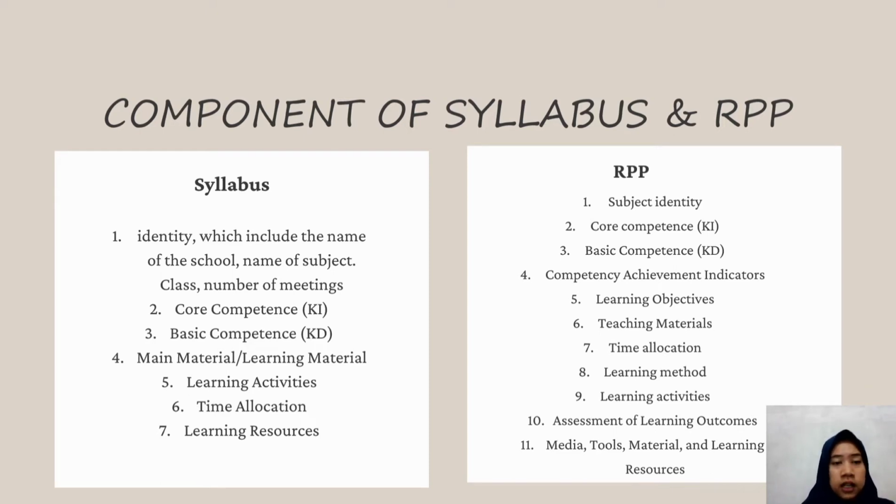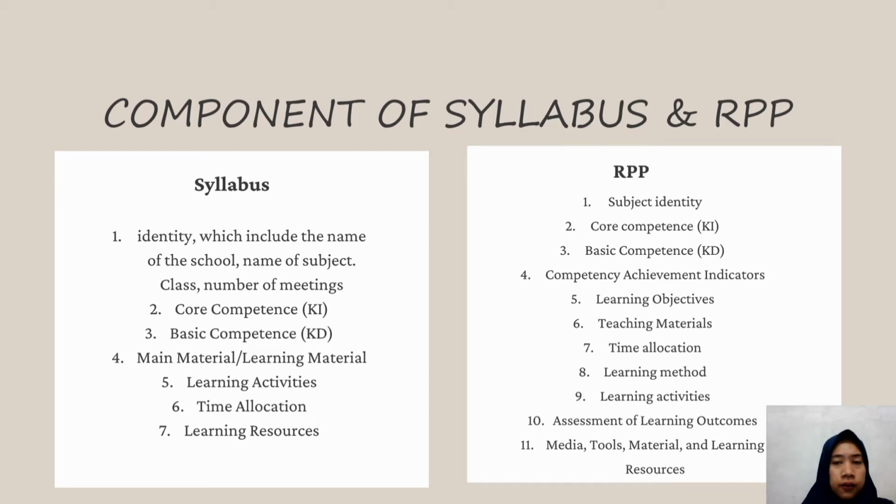These competency indicators are behaviors that can be measured or observed to show the achievement of certain basic competencies that become references for subject assessment. Number five, learning objectives. Learning objectives describe the process and learning outcomes that are expected to be achieved by students in accordance with basic competencies.